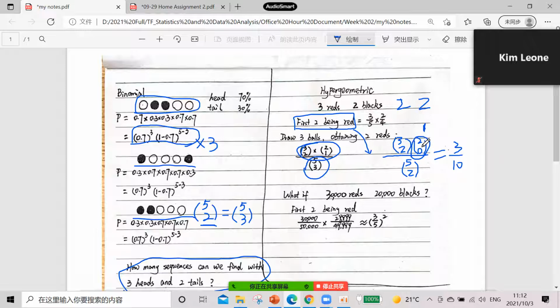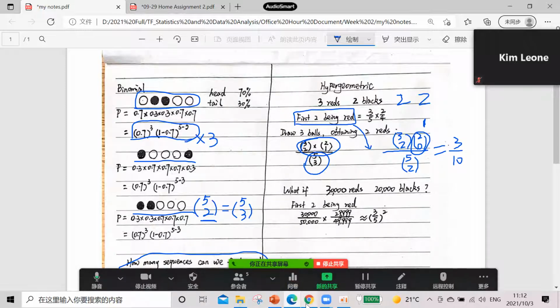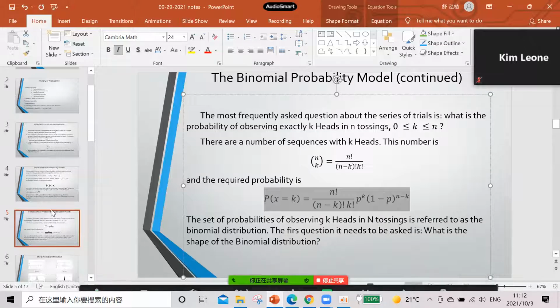So actually I have two approaches to answer this question, and the formula is given in the slide, I guess.